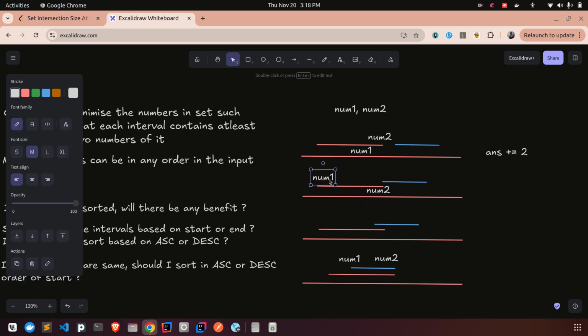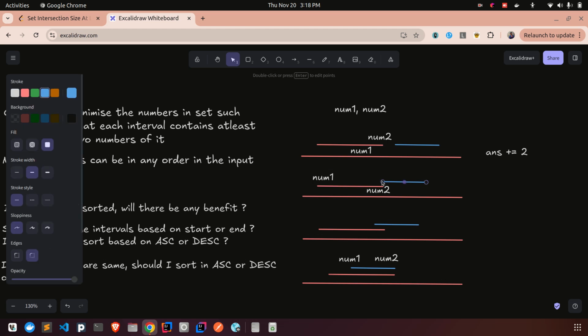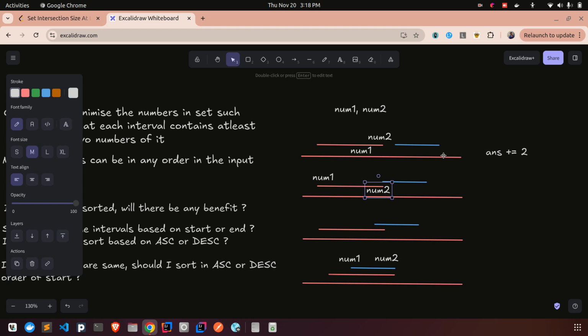Now I have to check whether num2 is less than the start of the interval or not. If it is less than the start of the interval, that means I only have to consider one more new number as part of my solution, because this num2 is contributing one element to this interval. I need one more element which is part of this interval in order to satisfy my criteria.